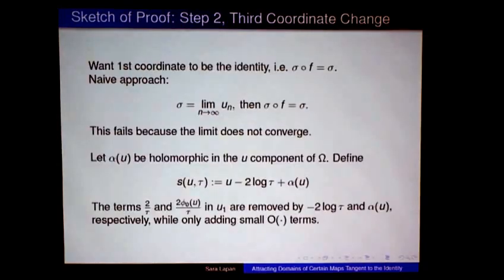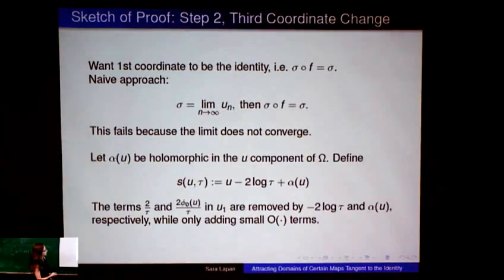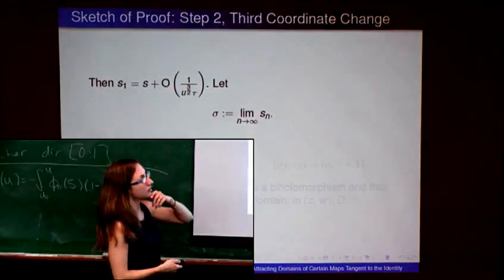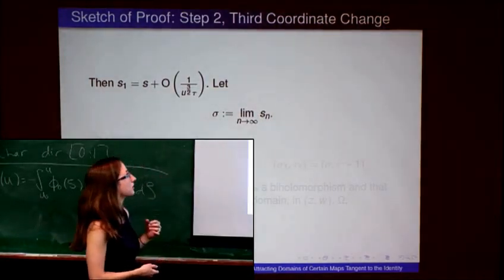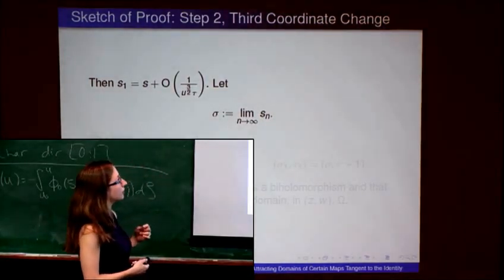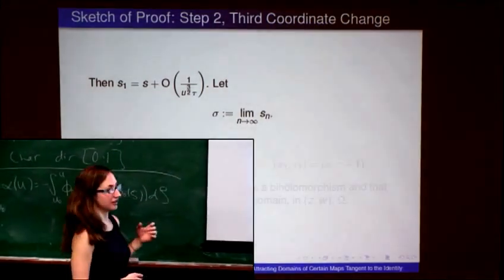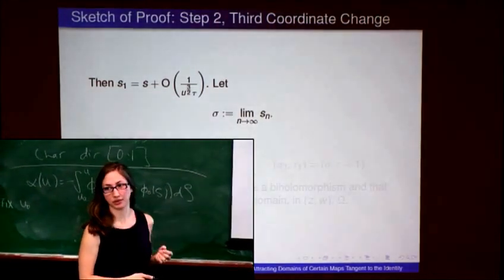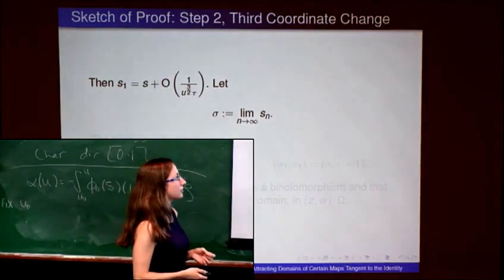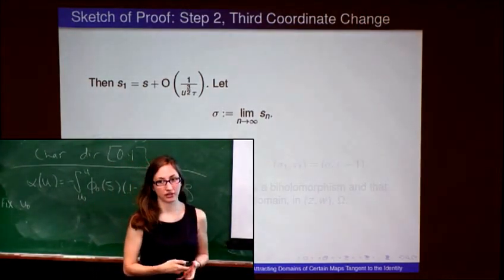Okay, so assuming that we do get those terms to cancel out, now our S1 term is equal to S plus O of 1 over u to the 3/2 tau. And now we can do this approach to say sigma equals the limit as n goes to infinity of Sn.